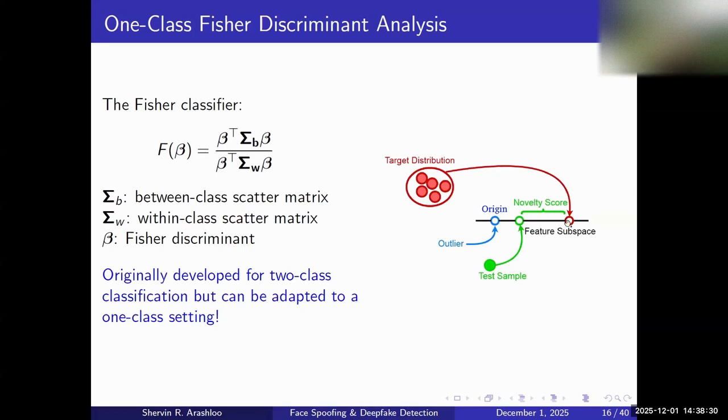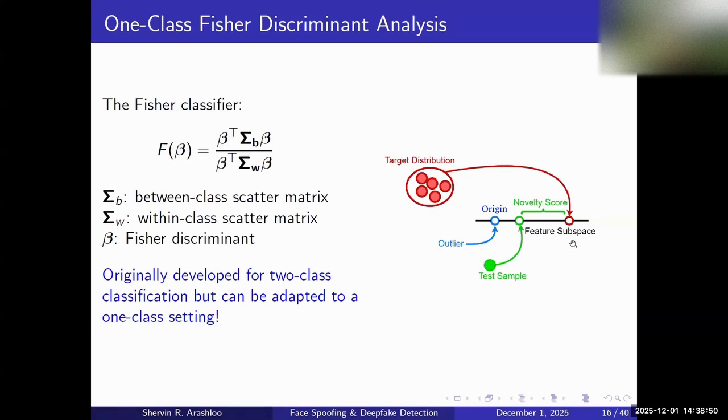Okay, so your novelty score is going to be the distance between the test sample and the closest sample that can be drawn from that distribution, or is it like the mean? The first option is also applicable, but we use the distance from the mean.